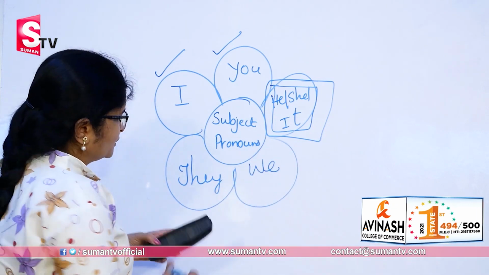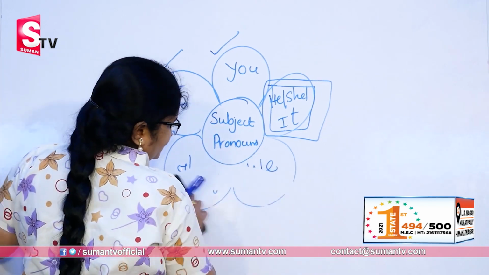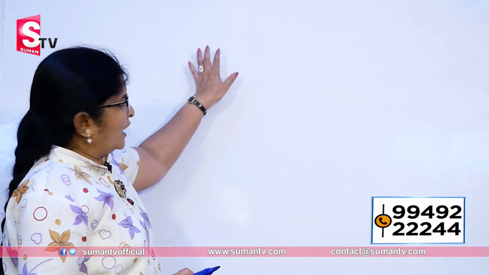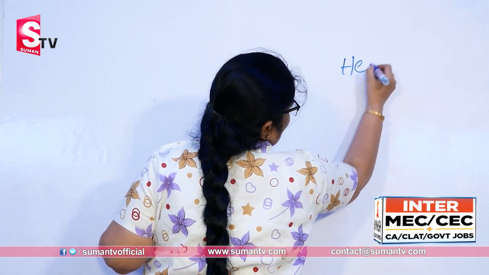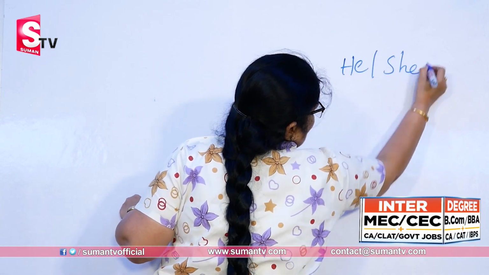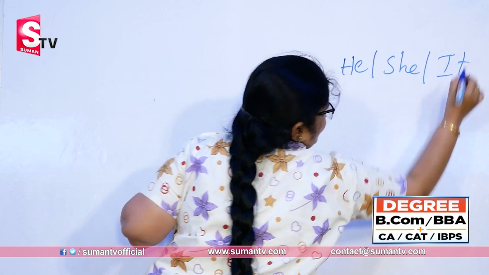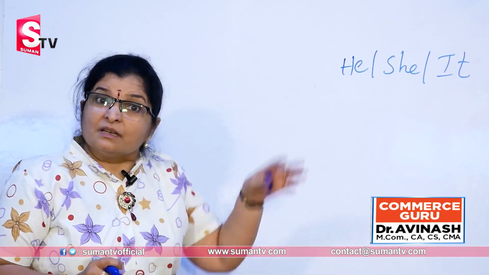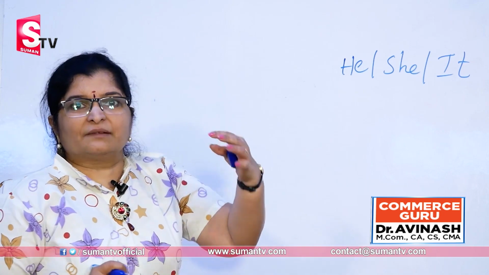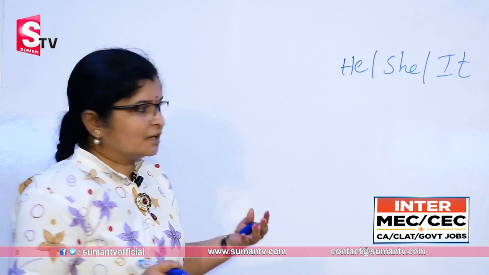Well, my dear viewers, as we discussed earlier, we learnt about the subject pronouns. So we learnt he, you, I. Now today we are learning about he, she and it. What happens to this? You may remember that in the second episode we learned some verbs like to drink, to wave.